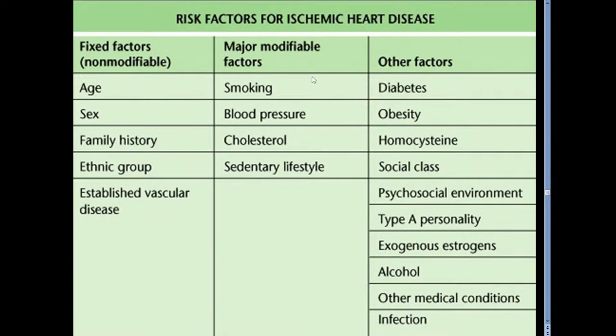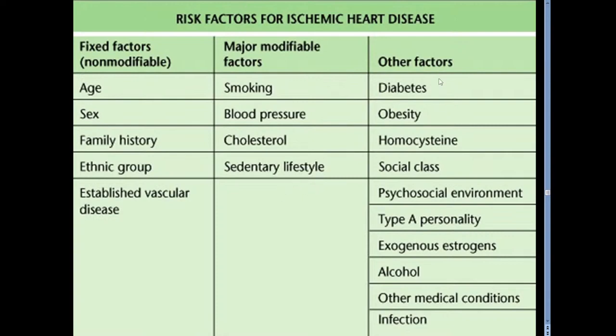The next, major modifiable factors like smoking, the strict advice to give up smoking, blood pressure control, sure, cholesterol control, we can do it, provide it. And sedentary lifestyle, physical activity is essential. It's essential for how to modify the risk of coronary artery disease.